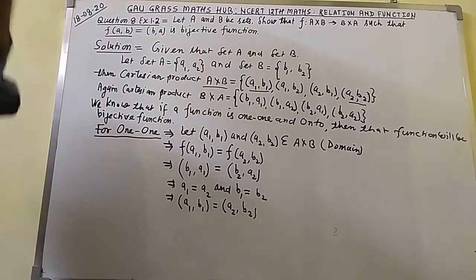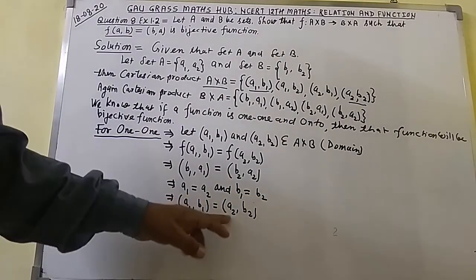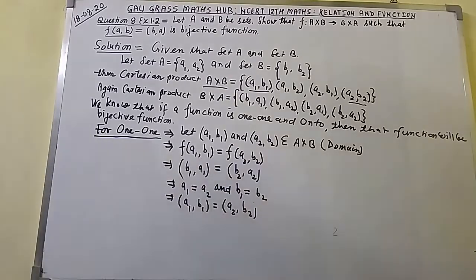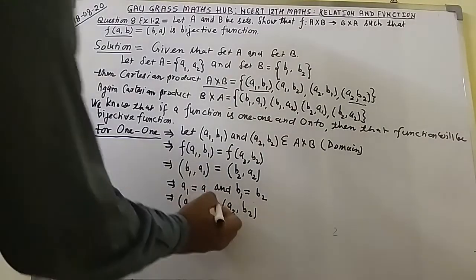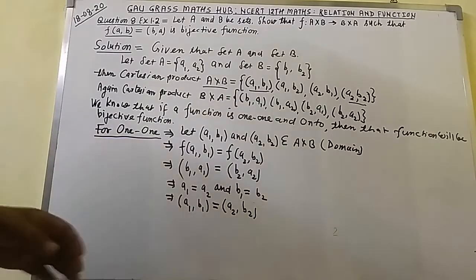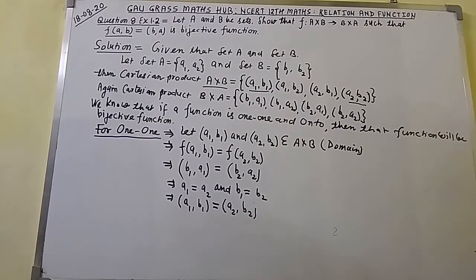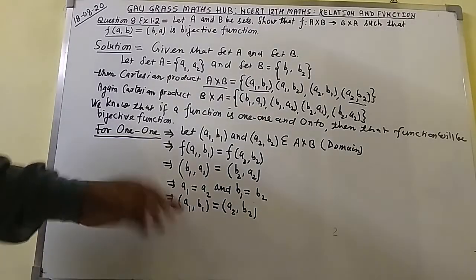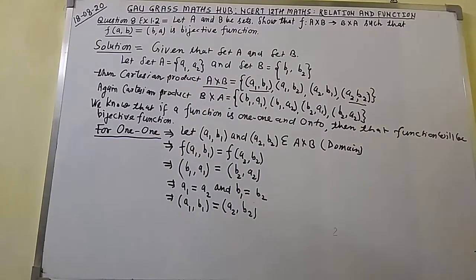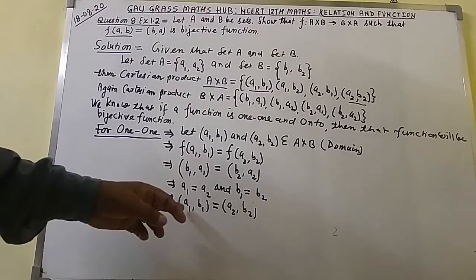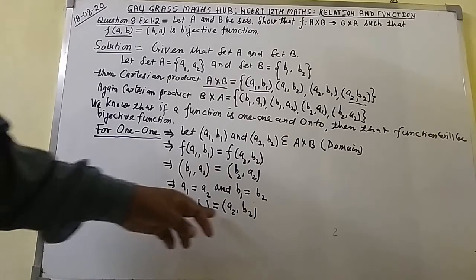Now tally the things here: A1 equal to A2, B1 equal to B2. So I have shown that (A1, B1) equals (A2, B2).